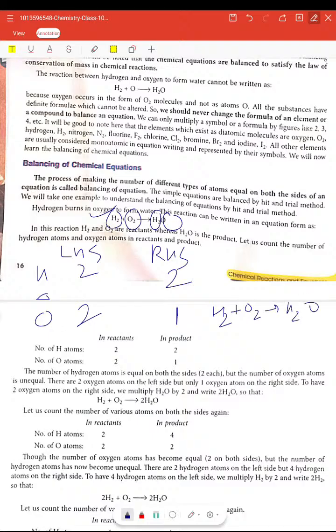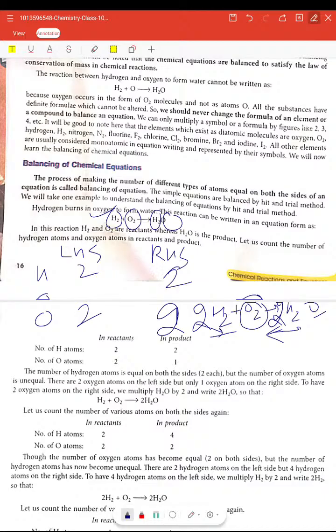Oxygen has 2 atoms on the left, and oxygen has 1 atom on the right. So we take 2 here. Now oxygen has 2 atoms. What is 2 multiplied by 2? That is 4. But hydrogen has 2 atoms on the left hand side, so we take 2 here. 2 multiplied by 2 is 4.